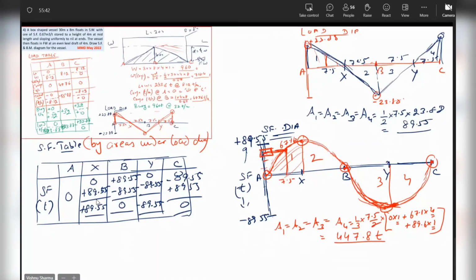Sir, the value I get at 7.5, I calculate, like just now 67.163 came. What is the ordinate at X? At X, sir, 89.55. Okay. Now the one you need is midway between the two, correct? Yes, sir.